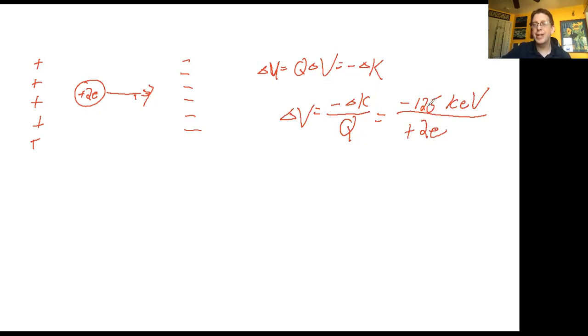If you write the energy in electron volts or kiloelectron volts, and Q as multiples of e, you would simply get negative 62.5 kilovolts. So that's the potential difference that it takes to accelerate an alpha particle. Again, a positive charge is accelerated through a negative potential difference. It's pulled to what attracts it, basically. And a negative charge is accelerated through a positive potential difference.